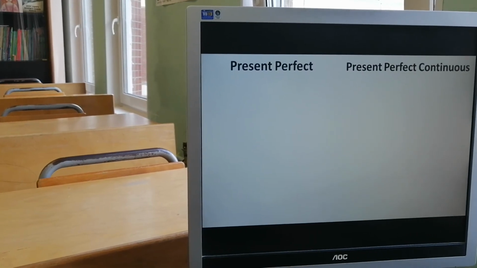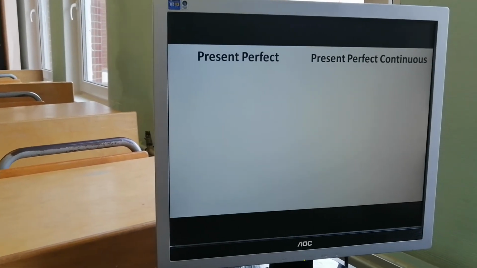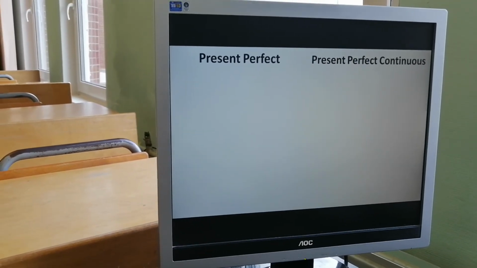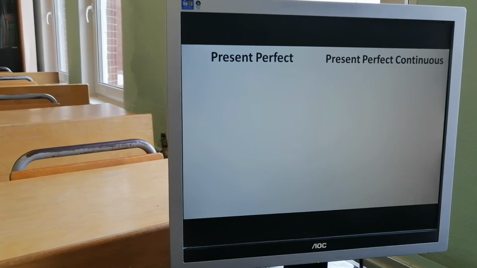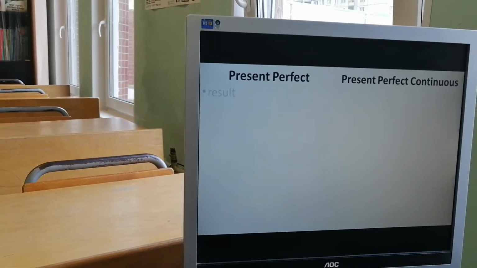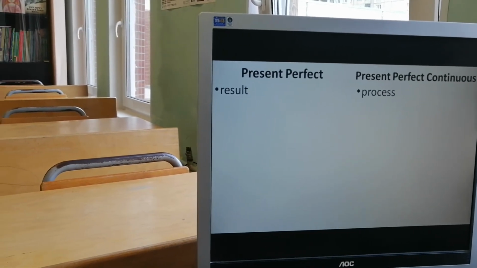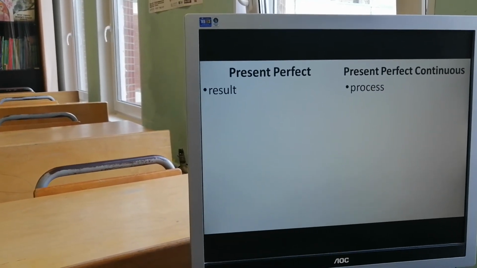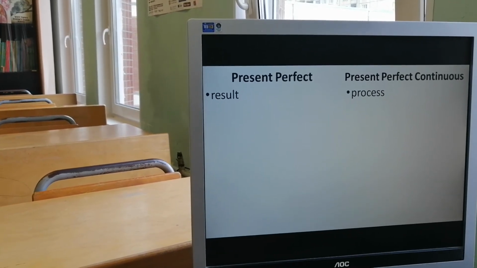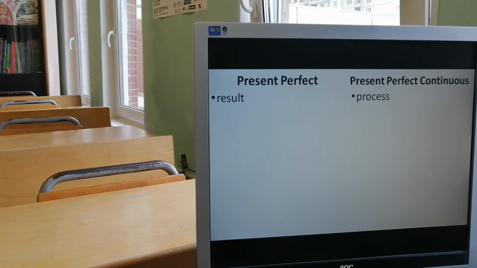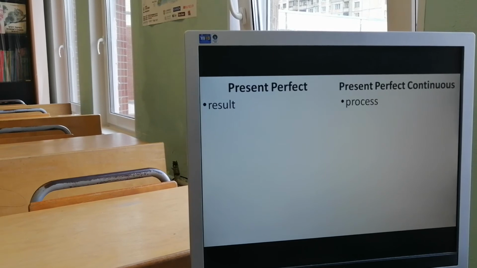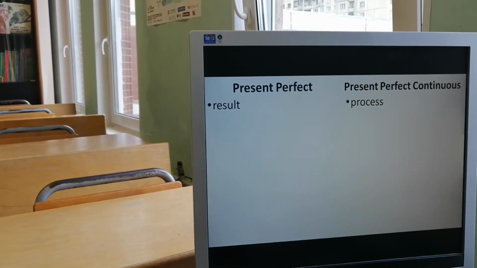So, I think it's worth considering whether to use present perfect simple or present perfect continuous. It's quite a problematic area, honestly. So, first thing, if you use present perfect, you are mainly concentrating on result. Whereas present perfect continuous moves your focus to the process.